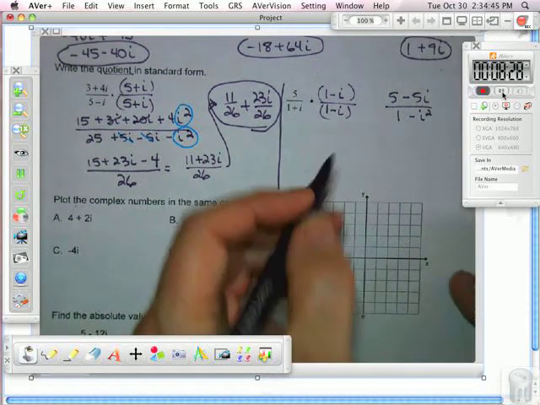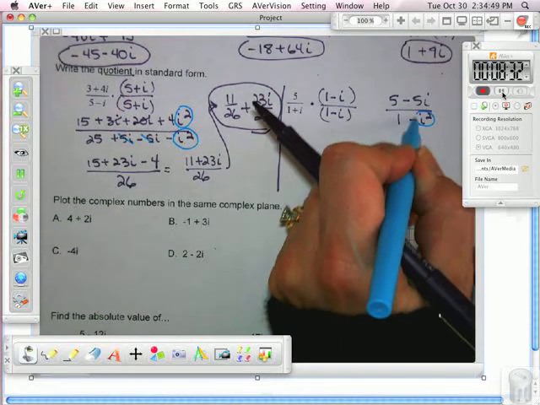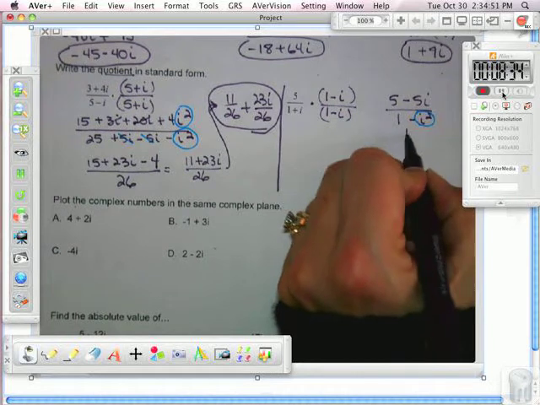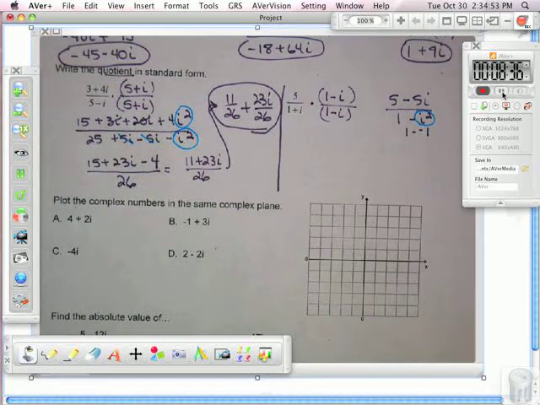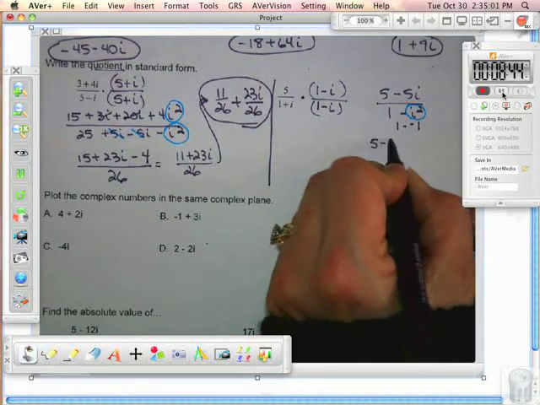This becomes 1 minus negative 1. So what's the number in my denominator? 2. So I'm going to write it as 5 minus 5i over 2.